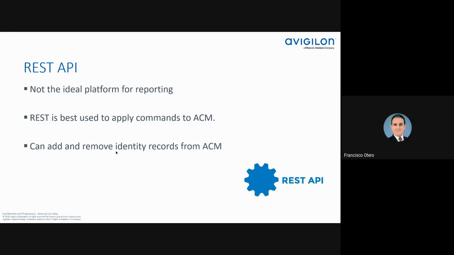You don't want to be trying to generate reports using REST, because it sends those commands into ACM and this will overtask the application. So it's not the best option to run reports unless you're running a report that is very specific on a small amount of data. If you're looking for something very particular, then it might be a solution if the customer wants to develop their own interface to that.